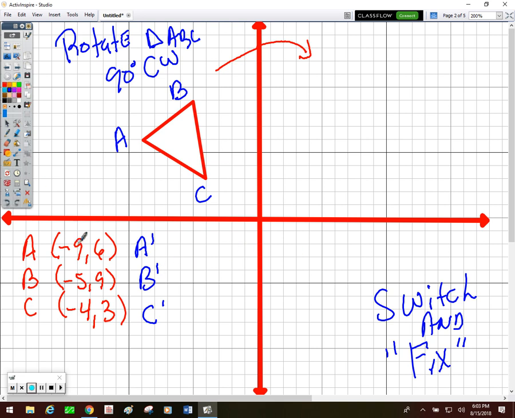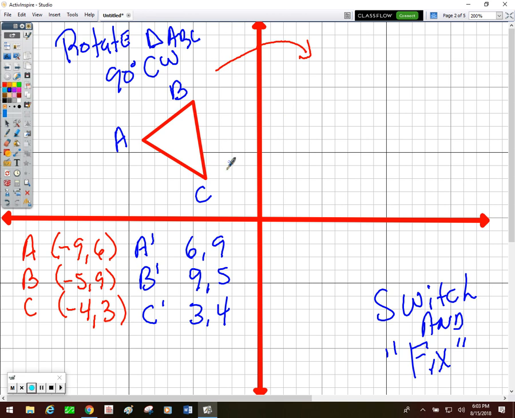We're not worried about signs yet. 9, 6 becomes 6, 9. 5, 9 becomes 9, 5. And 4, 3 becomes 3, 4. Pretty simple and straightforward: we just switch the order. The x becomes the y and the y becomes the x.